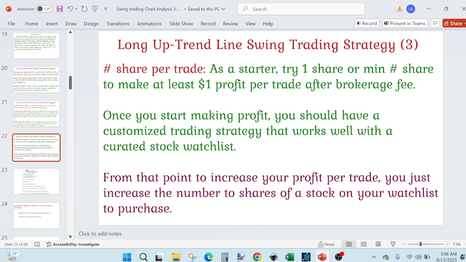And once you start making profit, even if it's as low as $1 after you pay all your brokerage fees related to that trade, it is still a profit. Once you have that confirmation that your strategy is working with the stocks you want to trade, because you are making profit, to increase that profit, you just buy more shares. So just start small.